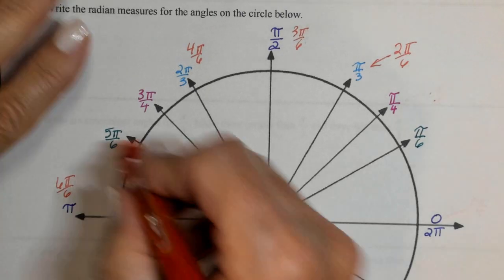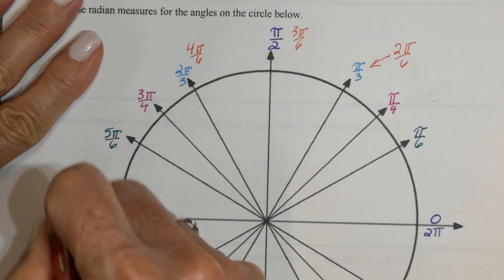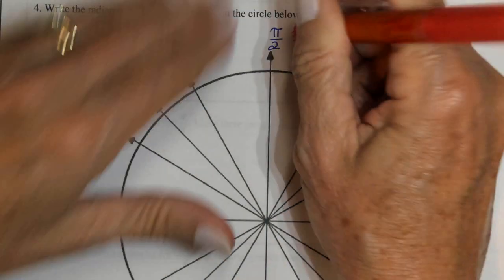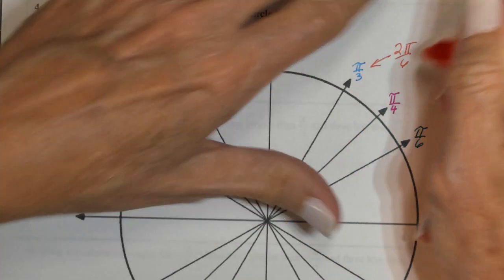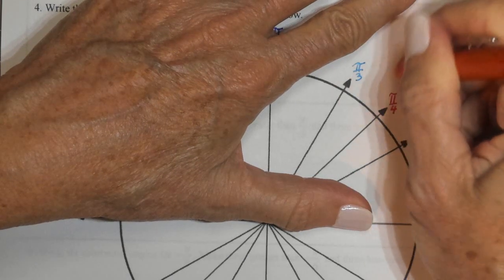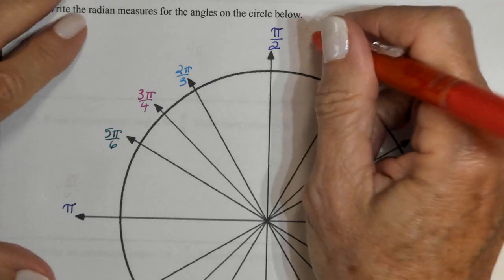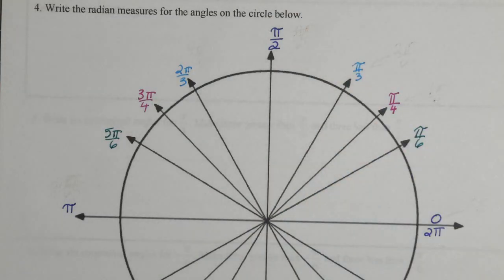Alrighty. So that's just the going around and labeling these. But I need you to know where these are. If I ask you where 7 pi over 6 is, I need you to know right where that thing is. So here's how I think of it.